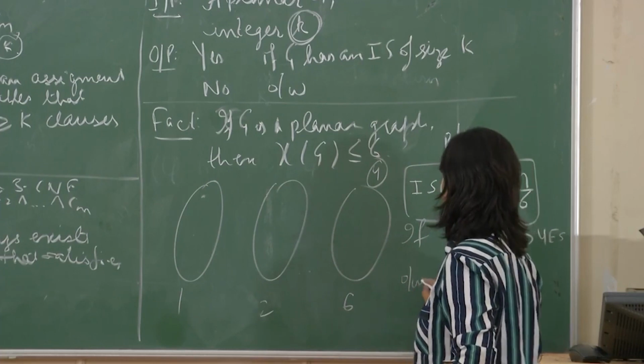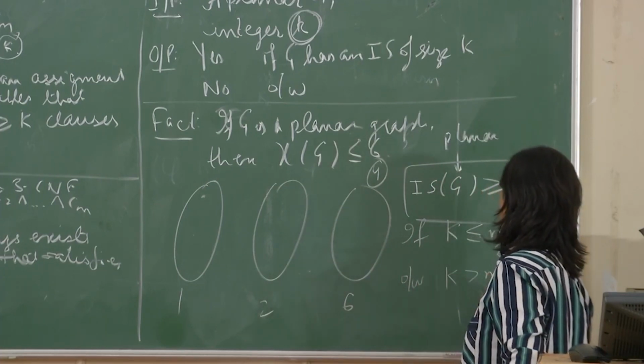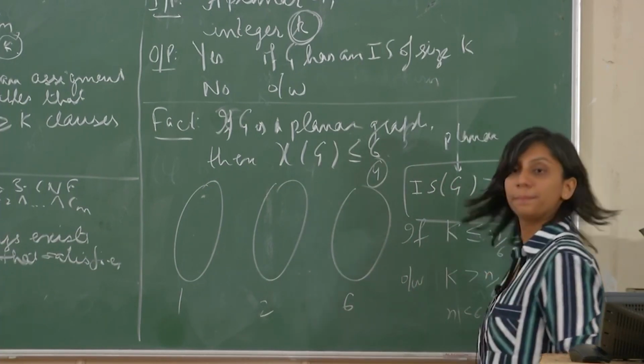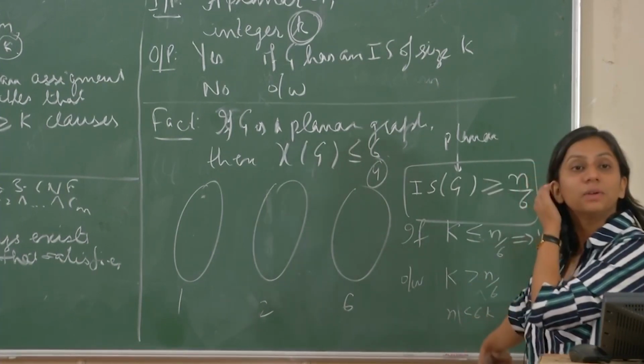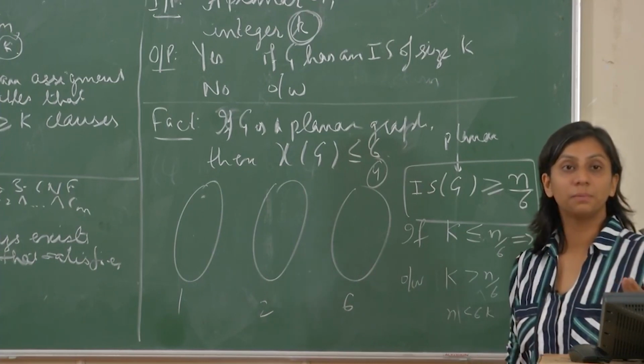Otherwise, K is greater than n by 6, or n is at most 6K, right? And this is of course a kernel, but this only bounds the number of vertices. Can you bound the number of edges?